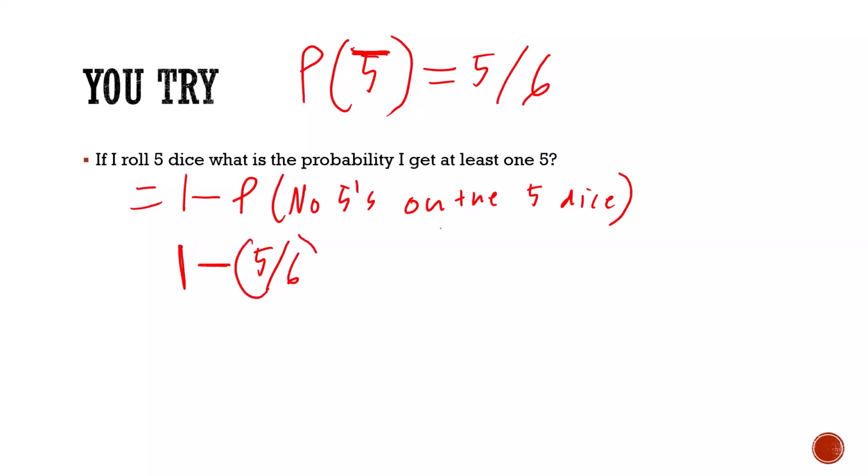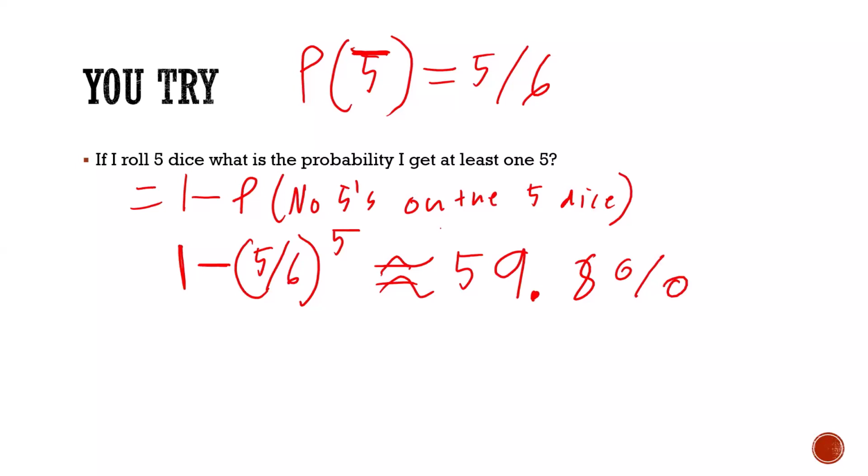So a faster way to multiply would be to write this as 5/6 to the 5th power. You type that into your calculator, you will get approximately 59.8%.